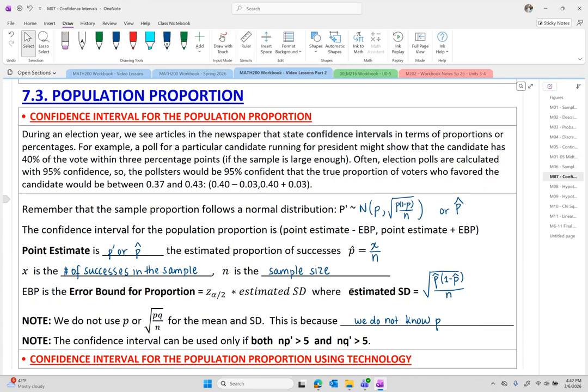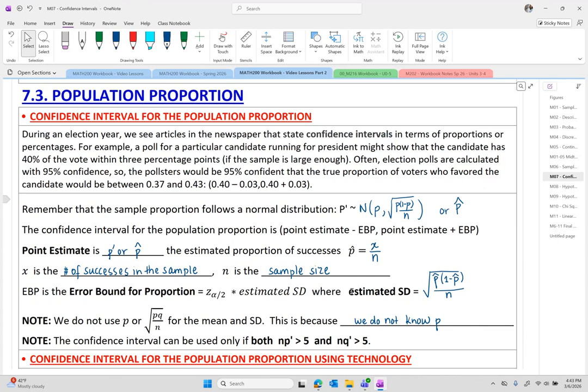So a poll for a particular candidate running for president might show that the candidate has 40% of the vote within 3 percentage points of margin of error, which means that we expect the candidate to receive between 37% and 43% of the vote. Often, election polls are calculated with 95% confidence, so the pollsters should be 95% confident that the true proportion of voters who favor the candidate will be between 37 and 43%.